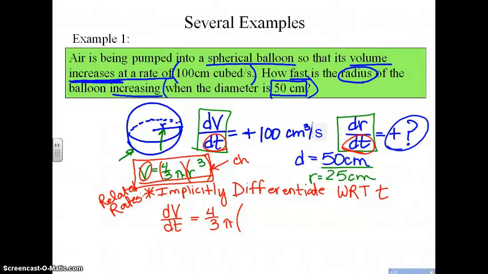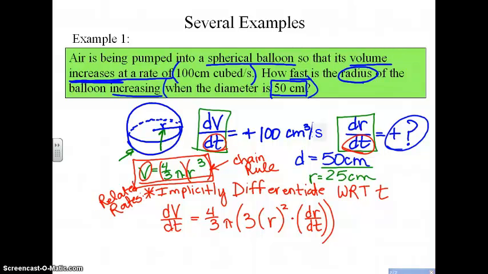That requires the chain rule. Remember, the chain rule says it's the derivative of the outside, not changing the inside, times the derivative of what's inside. Well, for us, we want the rate at which r is changing with respect to time.